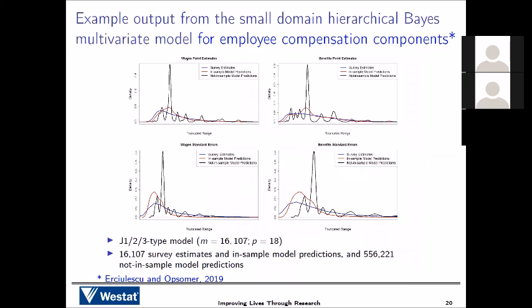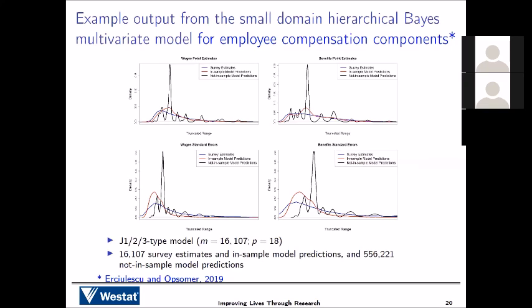So just an example of output that I can show here. Again, related to the example of employee compensation components, these are 4 plots of model predictions that were constructed using the bivariate hierarchical model for wages and benefits. The first column is wages, the second column is benefits, and the first row are point estimates, the second row are standard errors. But again, we can get the entire distribution. You notice there are 3 curves. In blue are the survey estimates, those are about 16,000 domains for which we had survey data.